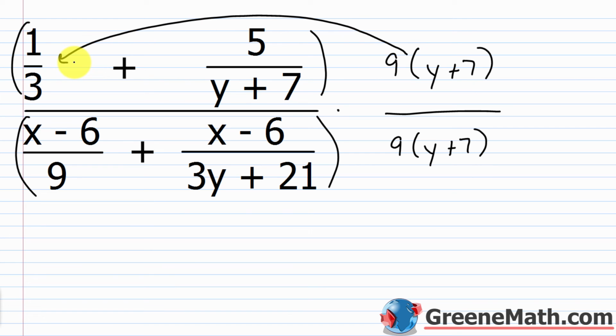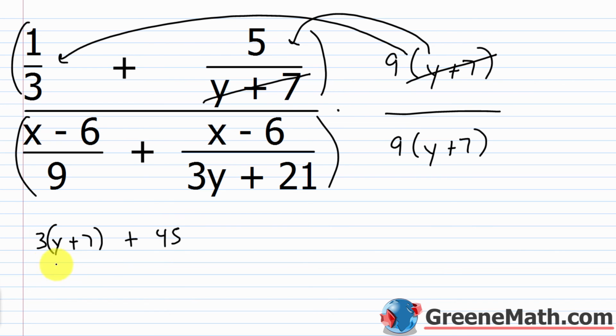We know that 9 would cancel with 3 and give me 3. The only thing we have up here is a 1. So it would basically be 3 times the quantity y plus 7. Then plus, if I use my distributive property here, the y plus 7s would cancel. So this would cancel with this, and I'd be left with 9 times 5, which is 45.